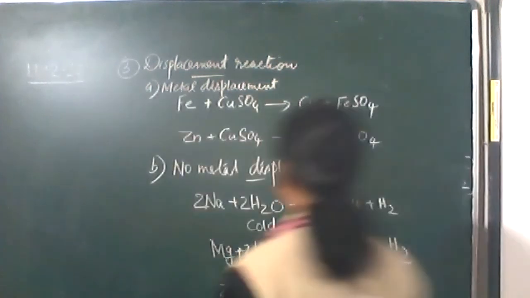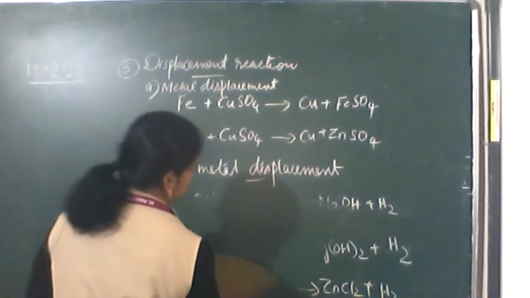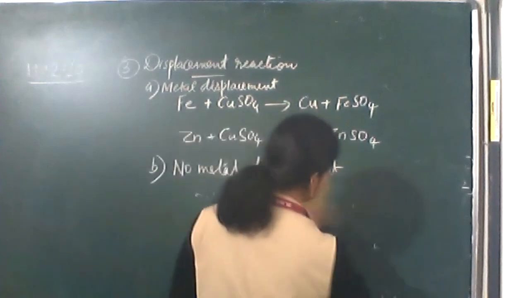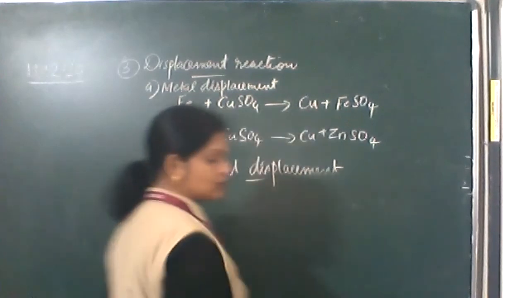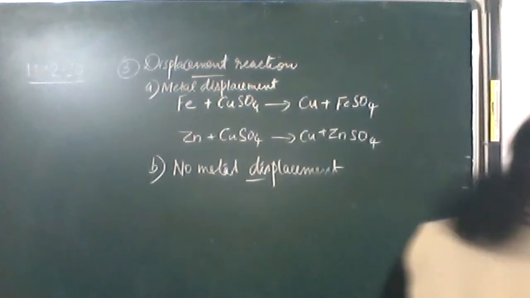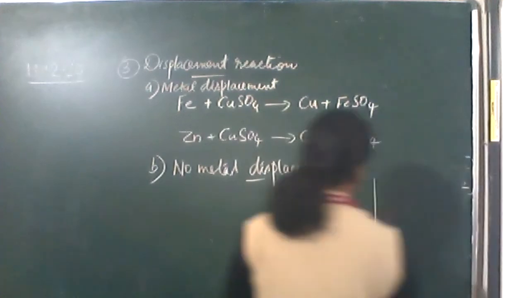In the case of halogens also, this non-metal displacement is applicable. Just like the electrochemical series, we can make a series for halogens.